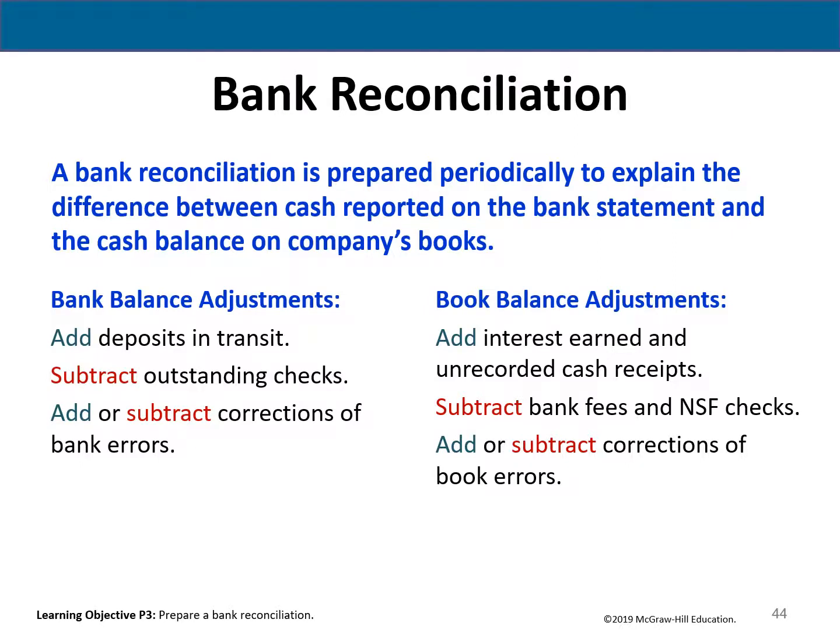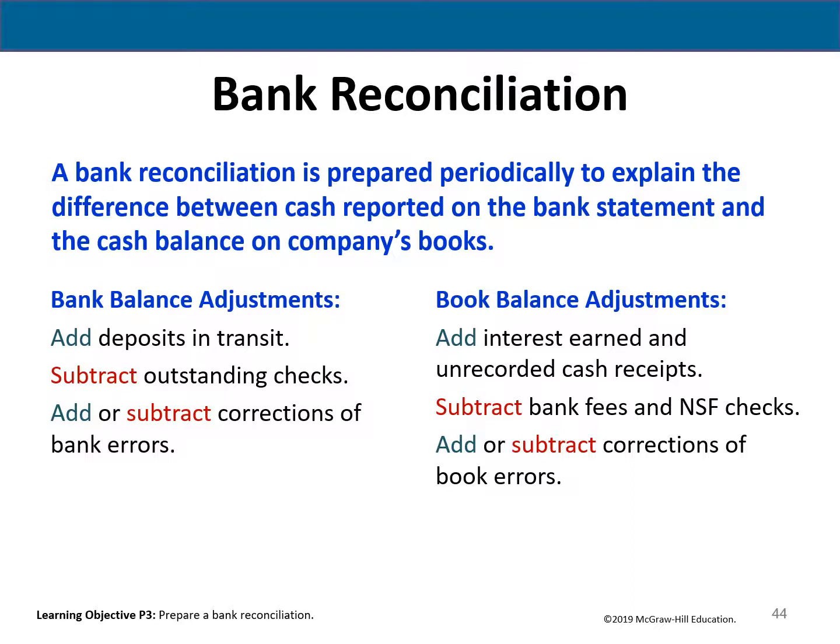Not necessarily. Because sometimes the bank knows about things that the company didn't know about. So the item will be on the bank statement, but not in the company's accounting of the checkbook. And vice versa. Sometimes the company has stuff in their checkbook.